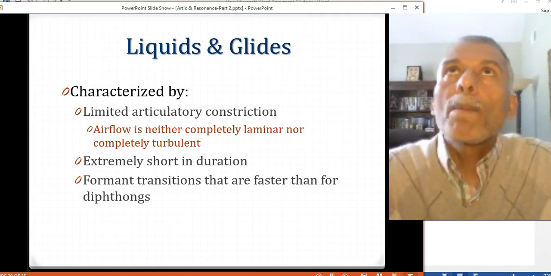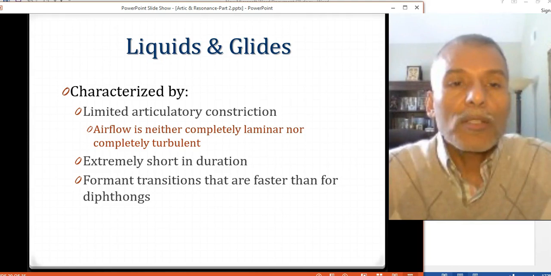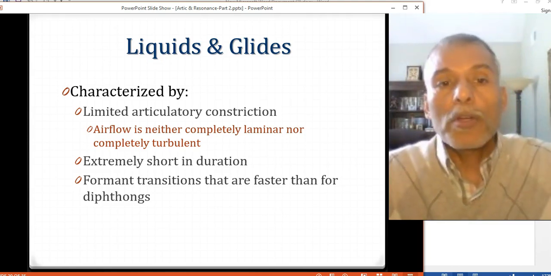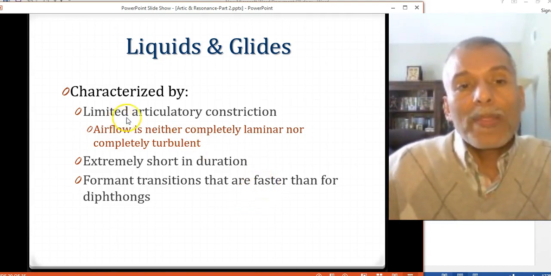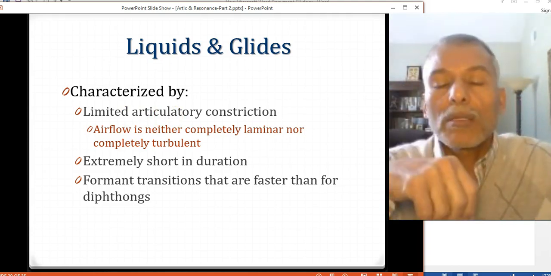How are the liquids and glides characterized in terms of resonant frequency? First, both of them have limited articulated constriction.